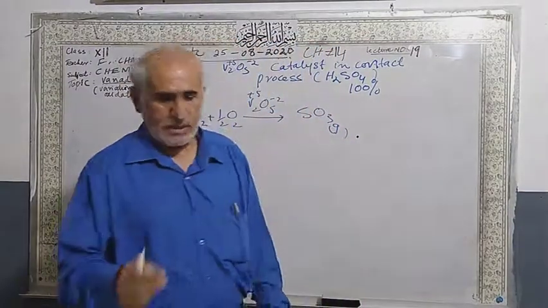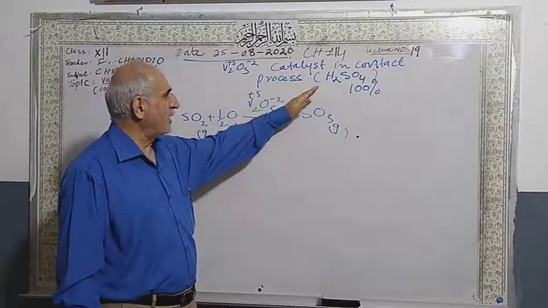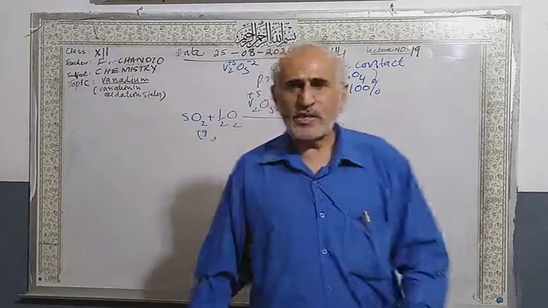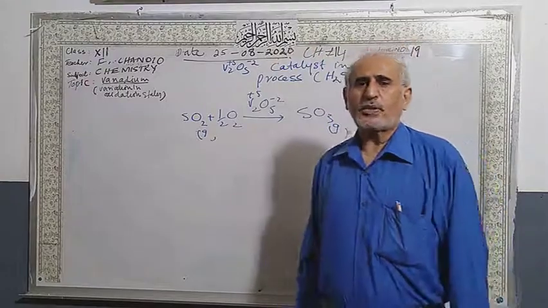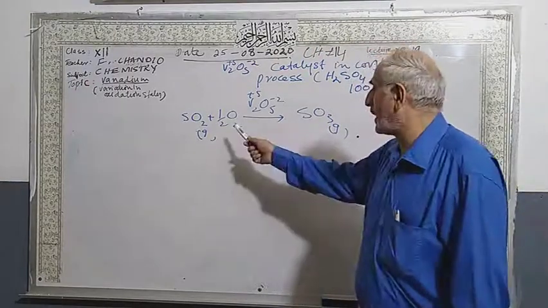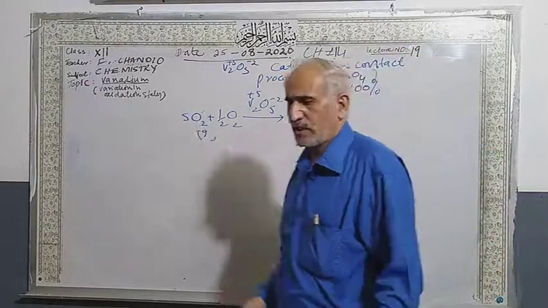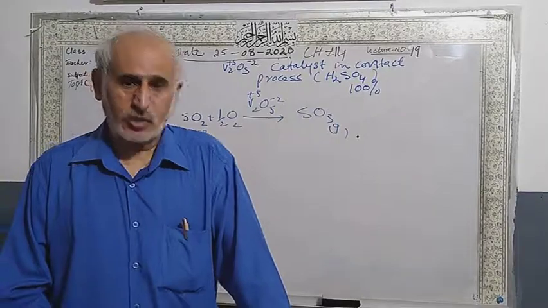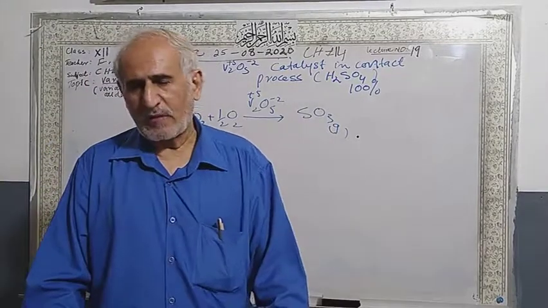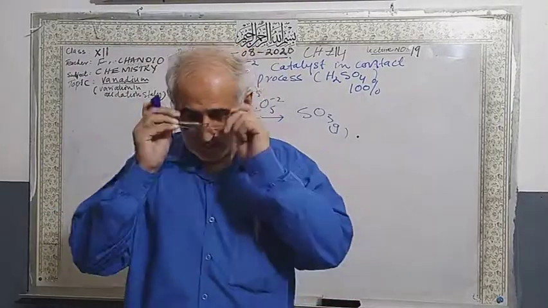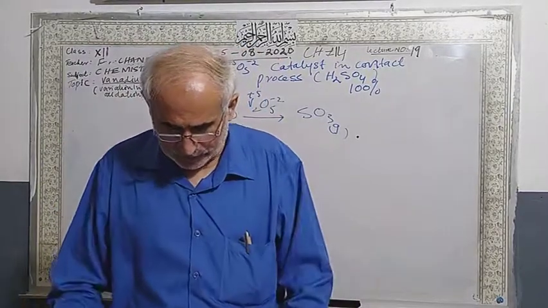The reason is that sulfuric acid is called the king of chemicals. So there should be a complete conversion of sulfur dioxide to sulfur trioxide during the chemical reaction. That's why we have to be very careful about this process. In the previous books there was this topic, but nowadays there is no such topic in your books. Okay.